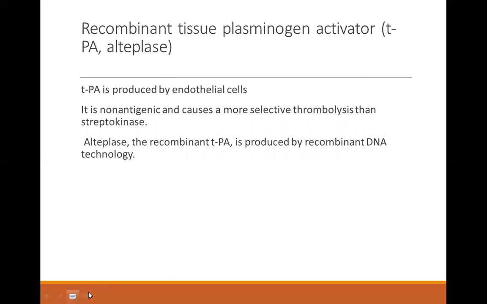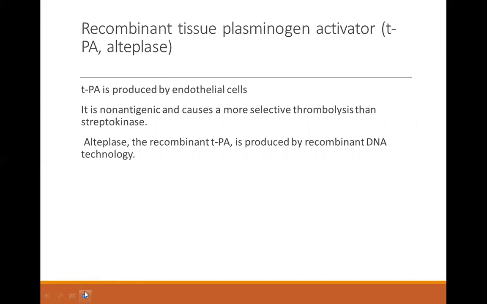The second one I mentioned is recombinant tissue plasminogen activator, for example alteplase. Recently in hospitals we are using this medication, tissue plasminogen activator. It is produced in endothelial cells of the person.